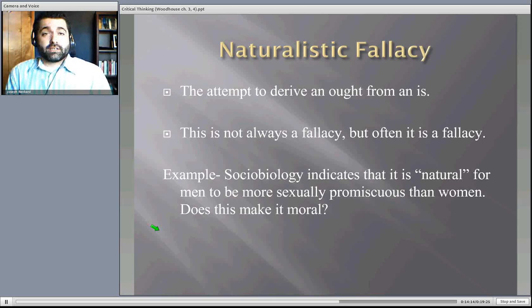There are lots of examples. I give one down here, right? Within sociobiology, there's a common argument, and I think it has merit. When you look at primate communities, you see males being promiscuous because male primates can impregnate many females at the same time, but females can only be impregnated by one male at a time.